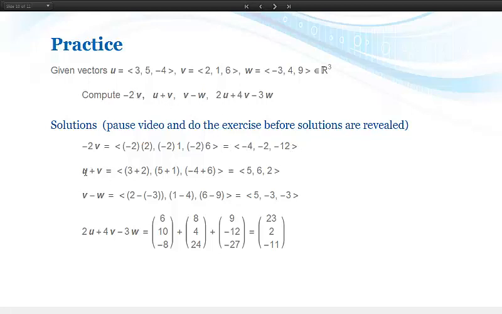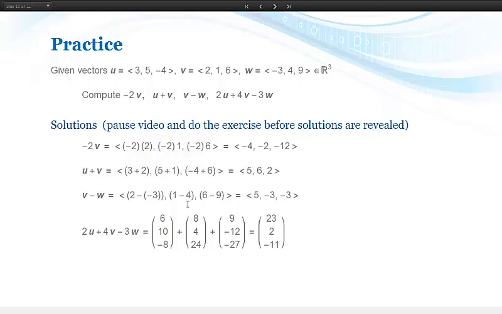To add the vectors u and v, we add the corresponding elements. 3 plus 2 is the first element, 5 plus 1 is the second element, -4 plus 6 is the third element. The first element is 5, the second element is 6, and the last element is 2. So that's the vector which is the sum u plus v.